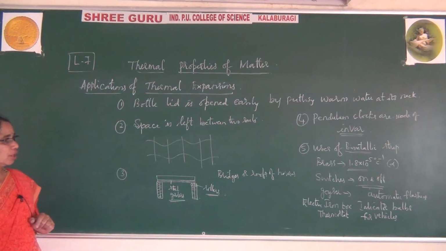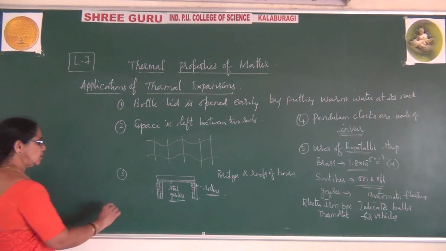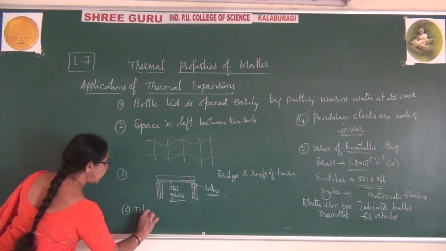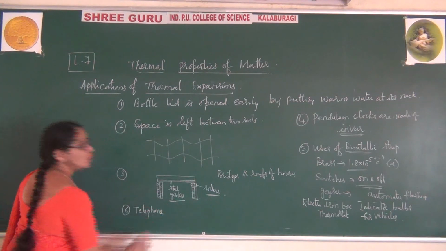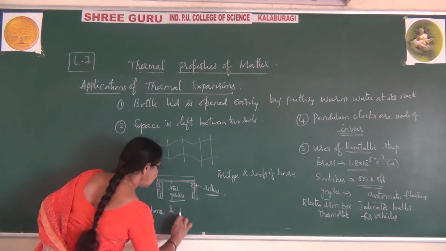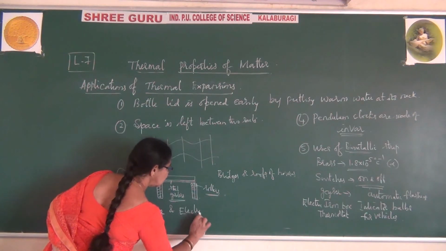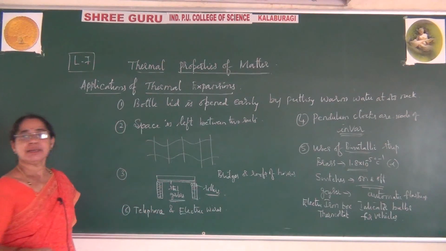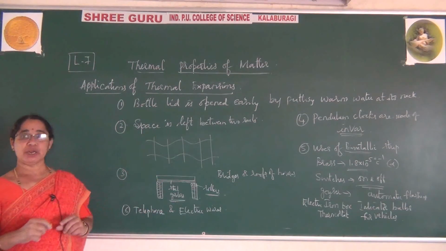One more point I want to say here, the sixth point, telephone wires. You can observe telephone wires, or maybe electric wires. These are always connected to two poles.